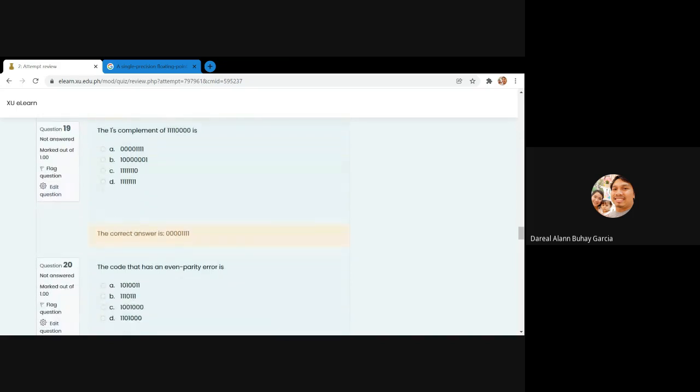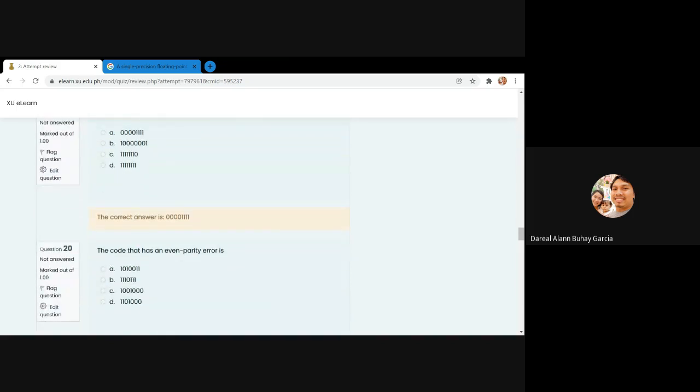The code that has even parity error is... I forgot this already.